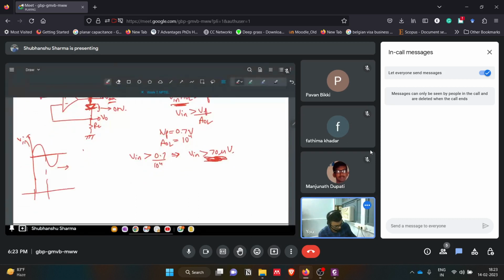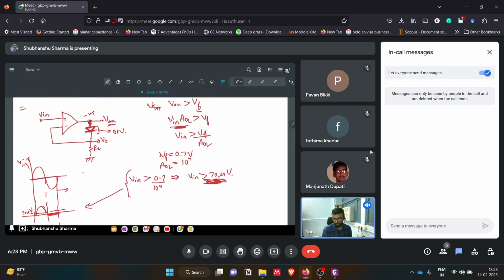This is the 70 microvolt line that we get from this limitation. After this, we will get the output voltage. Below that we will get nothing, because this diode will be in off state. That's how we realize this half wave rectifier.